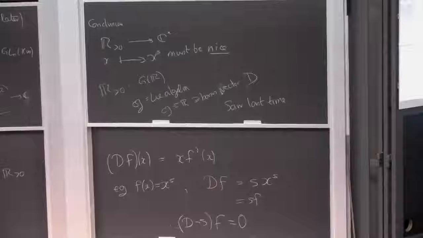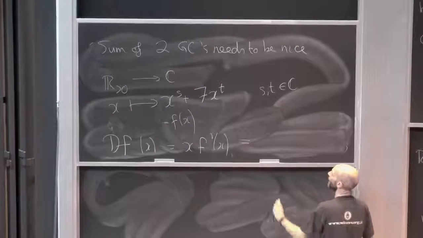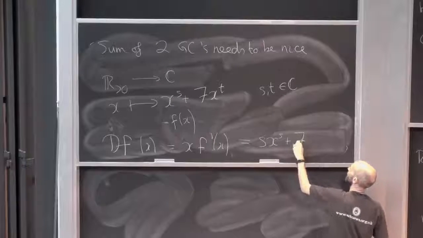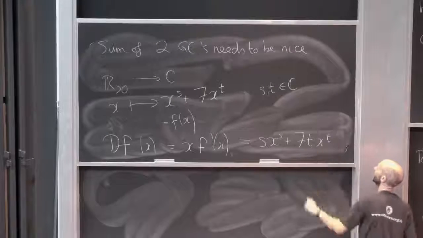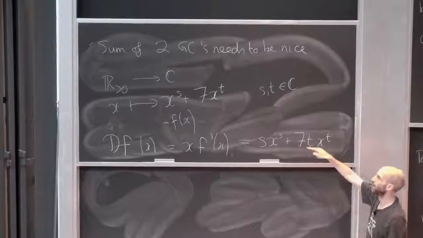And if this doesn't work, we're going to be in trouble, right? So Df, we know what it is. Df of x equals x f dashed of x. So this is now, I think, s times x to the s plus 7 times t times x to the t. And because s is not equal to t, that is not a multiple of f, yeah?